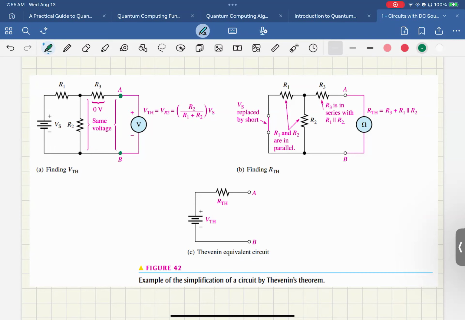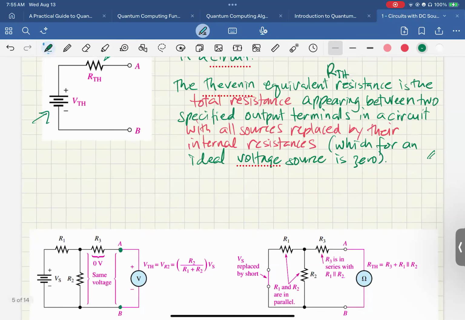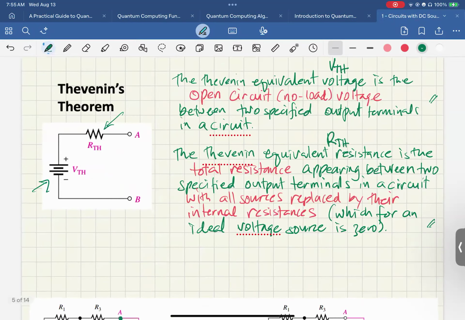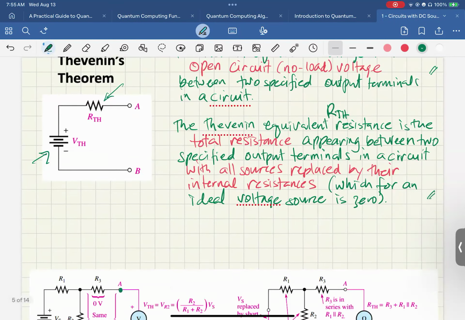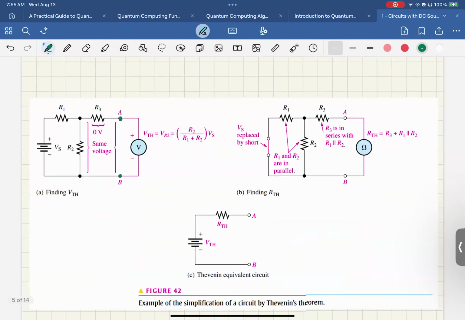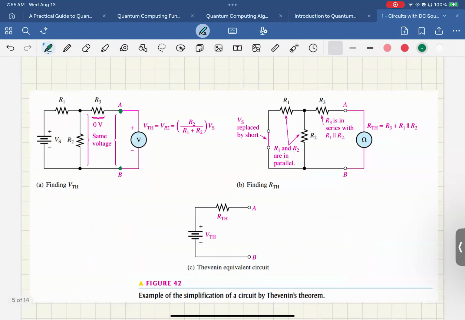So, anong nangyayari dito? Or paano natin kukunin yung Thevenin equivalent voltage? So sabi natin, i-open natin yung, di ba? Thevenin equivalent voltage is the open circuit voltage between two specified output terminals in a circuit. Okay, so in other words, ano yung nakikitang voltage dito sa points A and B na to?